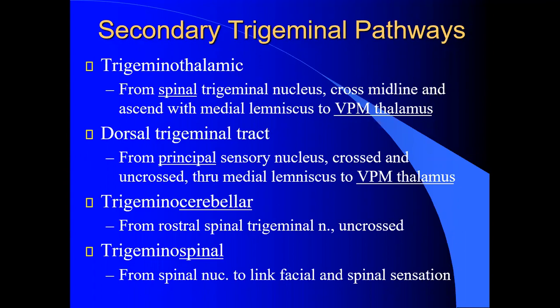Here's an opportunity to learn one separate from all the others that you're going to be inundated with when we cover the thalamus. And that is that these trigeminal pathways, the trigeminal thalamic, the dorsal trigeminal tract, okay, from either the spinal or the principal sensory nucleus, are going to the ventroposteromedial. The somatosensory information from the body is going to go to the ventroposterolateral.